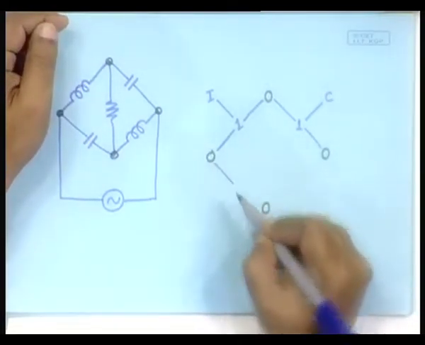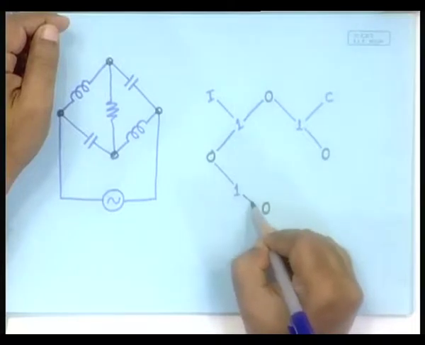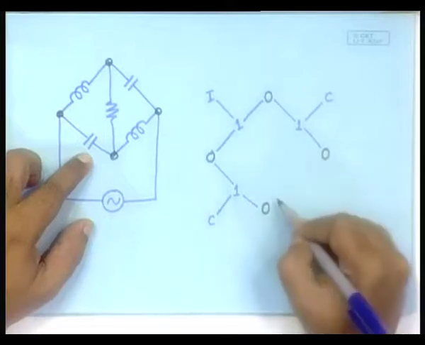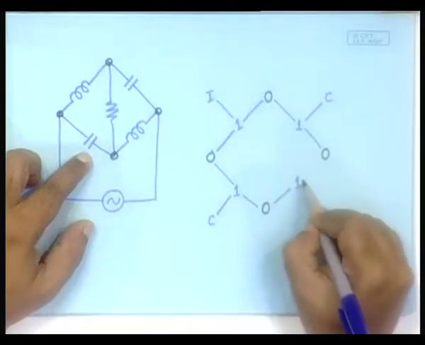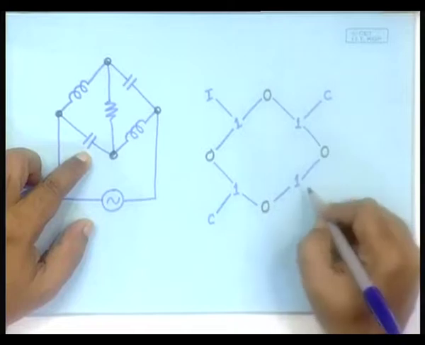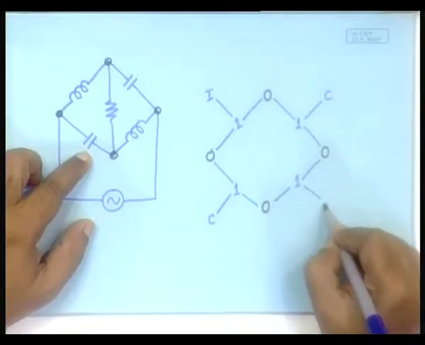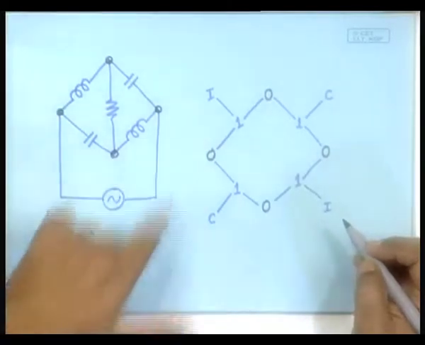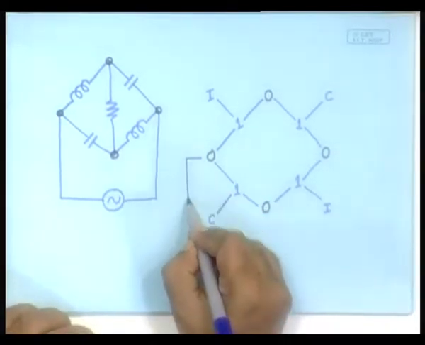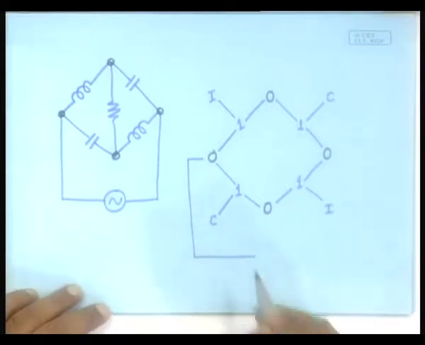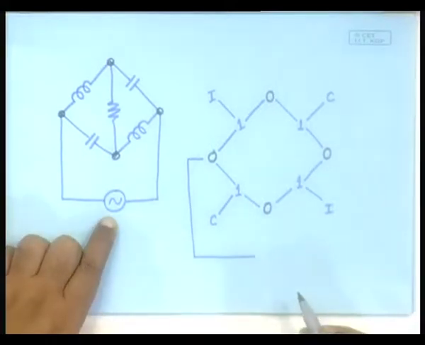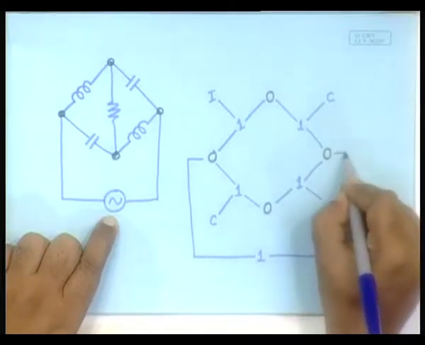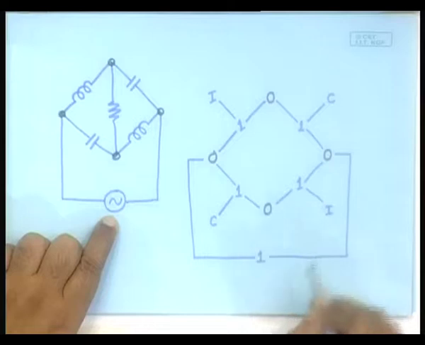Similarly, here it will be a 1 junction connected, and here a C element. Here it will be another 1 junction, and you have an I element here. Apart from this, there is this thing, so we will have to connect it like this. It will again have to be connected by a 1 junction, and what is connected here?